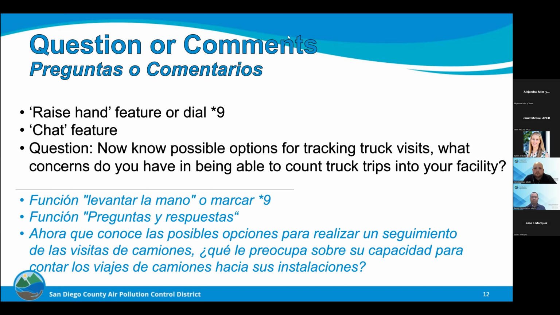I don't know. Yeah, Alejandra, I think we would have to look at the specificity of that data in those other reporting systems. We would really need to look at specific truck trips to specific warehouses, and I don't think that level of reporting is happening with CARB.